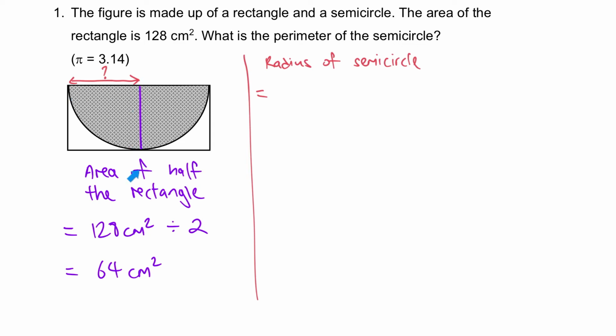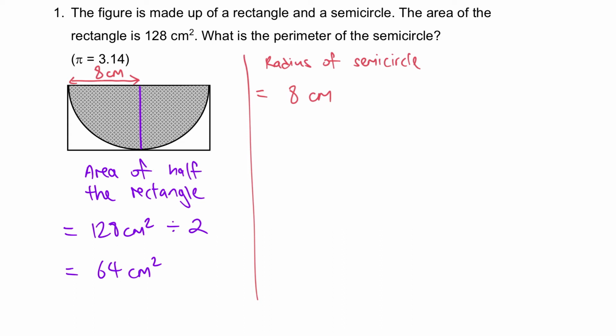This times this will give you 64. Alright, so we know that it must be 8 cm, because 8 times 8 will give you 64. So we know this is 8. This is 8 cm.